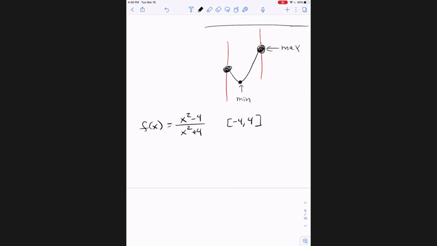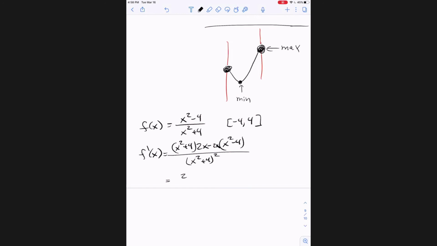All right, so let's go ahead and do this here. The derivative is bottom times the derivative of the top, minus top times the derivative of the bottom, which is 2x, all over bottom squared.